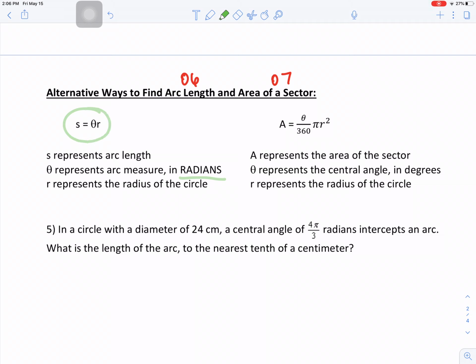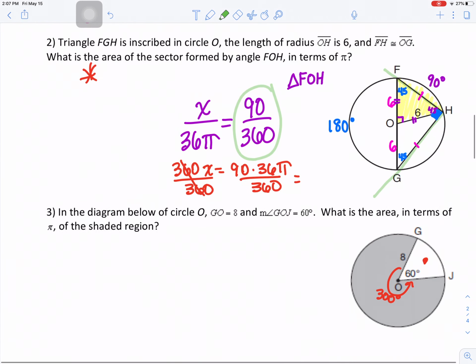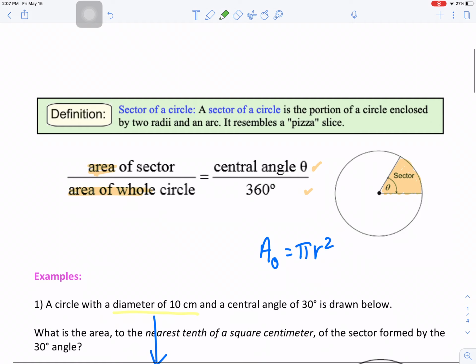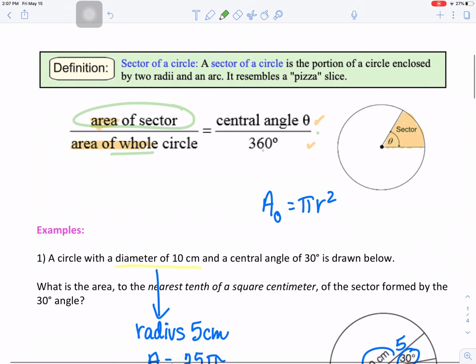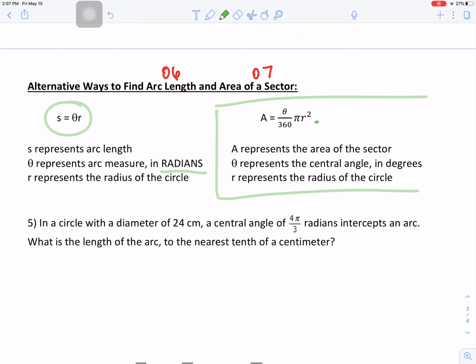Now this formula right here, this is the same thing we did. It's not really alternate. I don't know why I wrote alternate there. SOAR is alternate because it uses radians. This is just taking the regular formula that we had and solving for area of a sector. So you do central angle over 360 times area of the whole circle. Okay, that's what this formula is. You might see that somewhere.